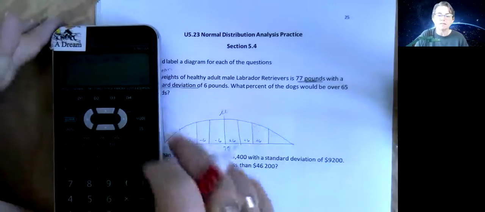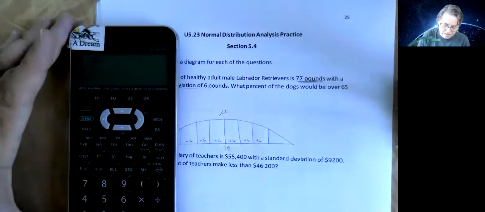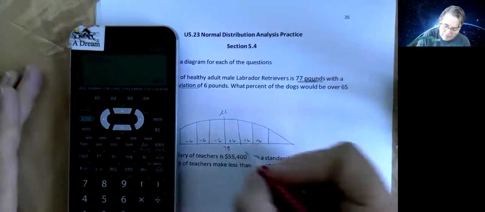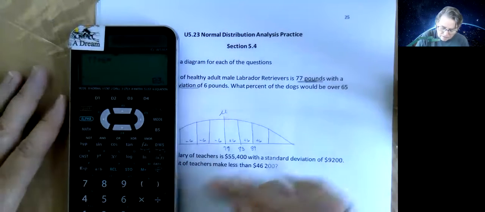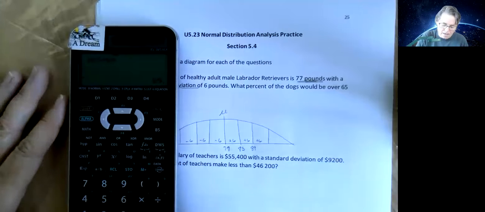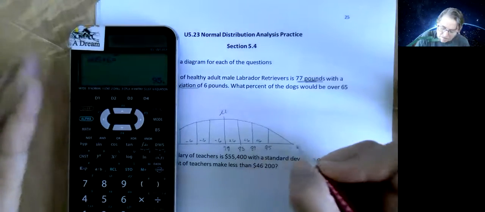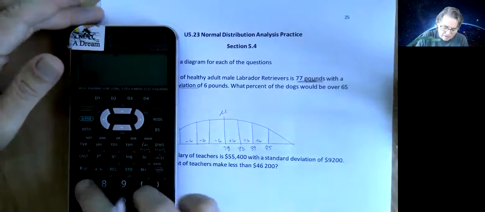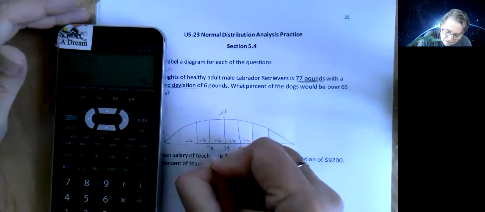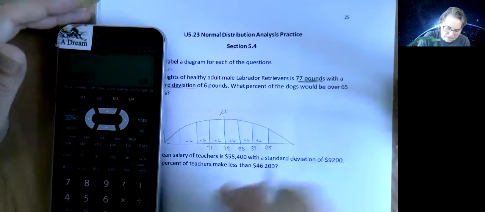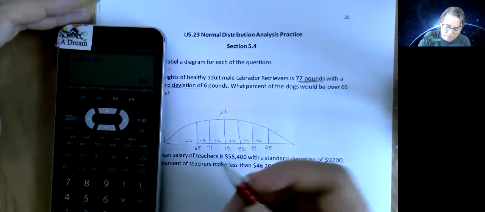Yes, I'm being lazy. 77 plus 6 is 83, plus 6 is 89, plus 6 is 95. 77 minus 6 is 71. Minus 6 should be 65. Minus 6 would be 59.